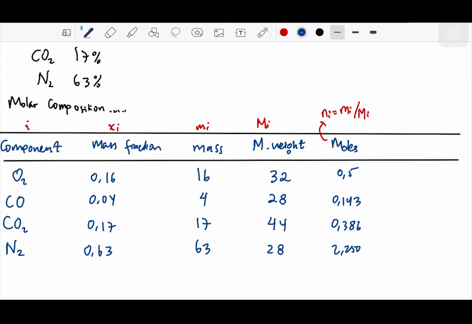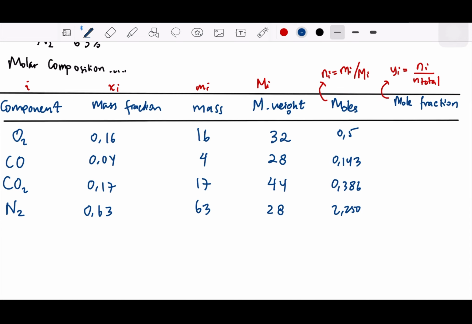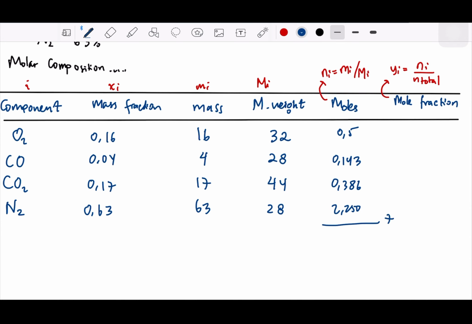And then lastly we can write the mole fraction, which will be n divided by n total. The total, we can add first, so we add all the moles.